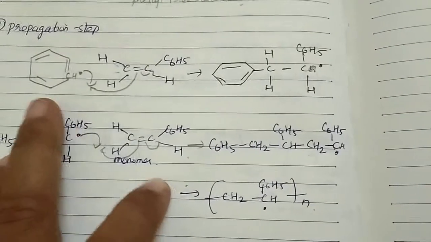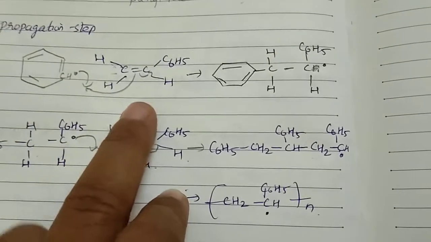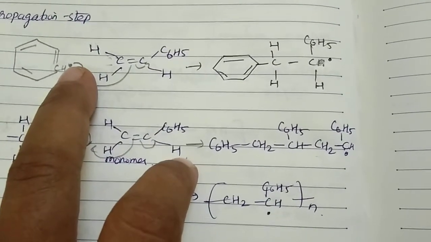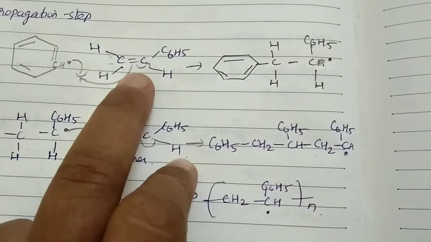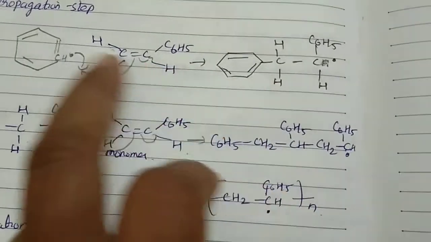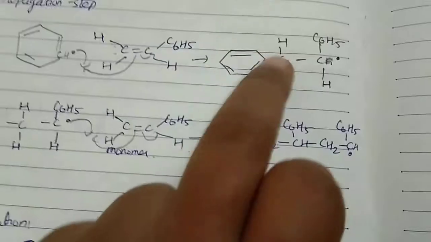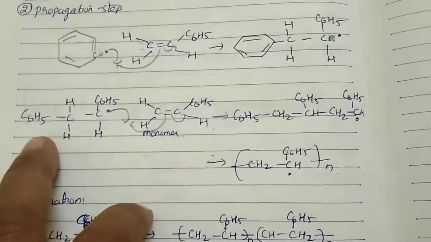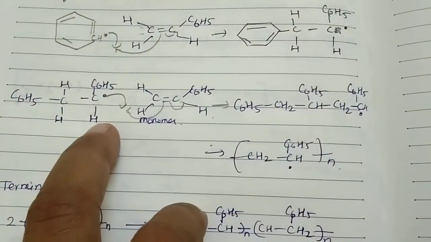Okay. Then propagation step. This phenyl free radical reacts with this compound. So this free radical moves here, this bond 1 electron moves here, 1 electron, we are getting a structure like this: C6H5, CH2, CH, C6H5 dot. Then again addition of another monomer.